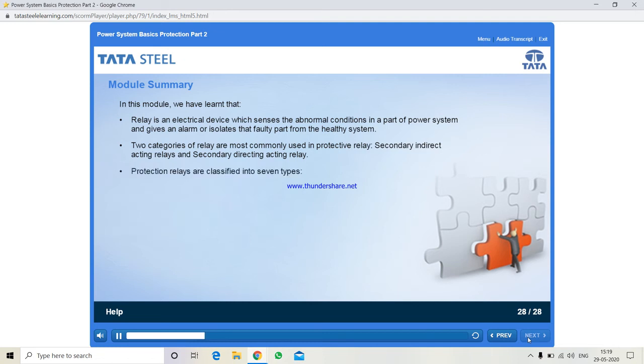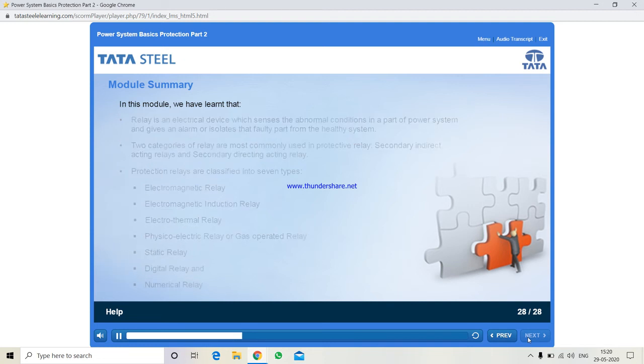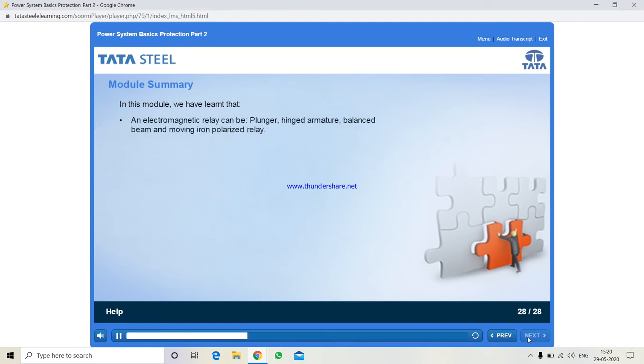Protection relays are classified into 7 types: electromagnetic relay, electromagnetic induction relay, electrothermal relay, piezoelectric relay or gas-operated relay, static relay, digital relay, and numerical relay. An electromagnetic relay can be plunger, hinged armature, balanced beam, and moving iron polarized relay.